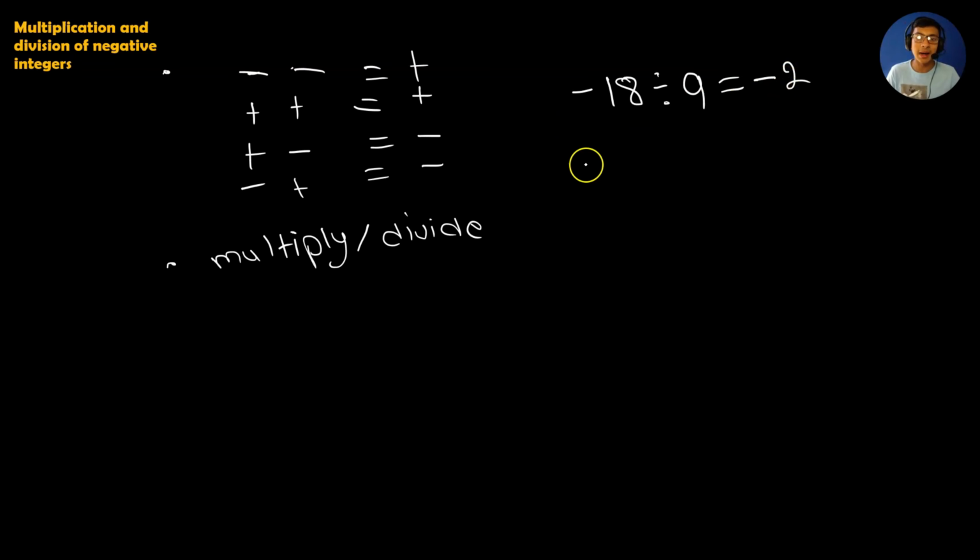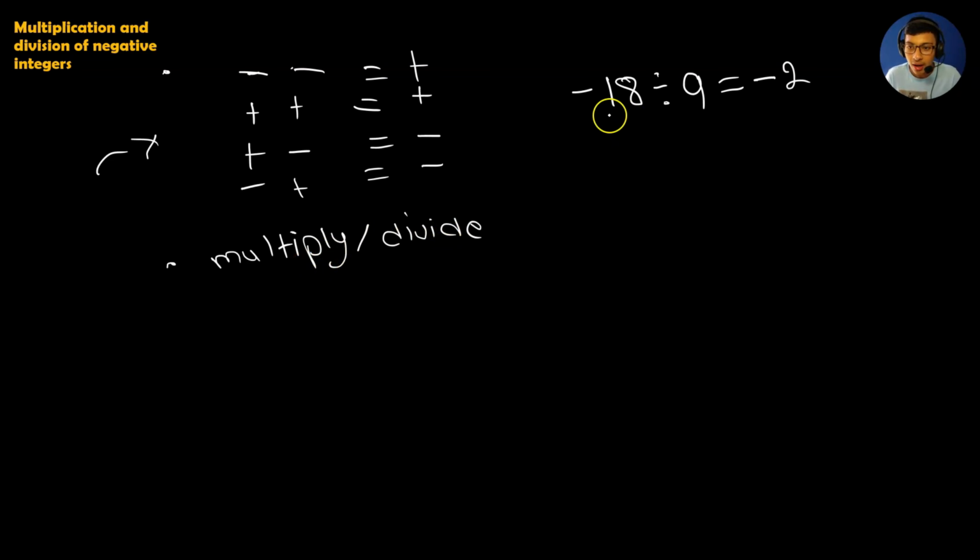Now let's recap, friends, what we have learned today. We have learned how to multiply and divide negative integers. Another thing we needed to remember is our little key notes. We need to put those in play first, and then second we simply multiply or divide.